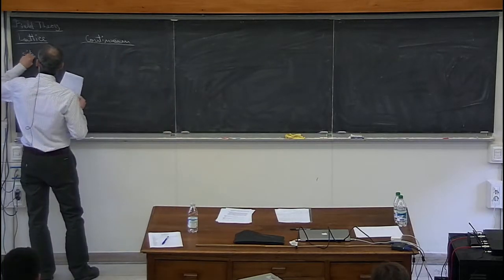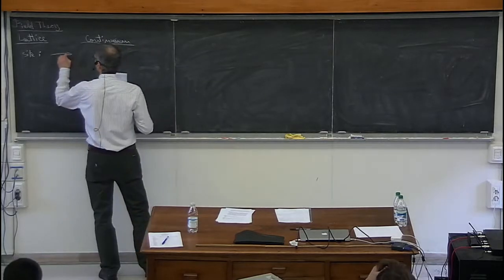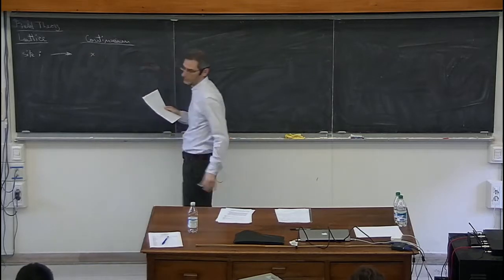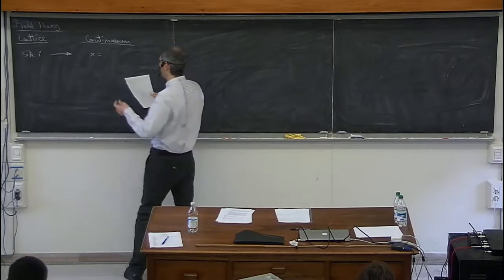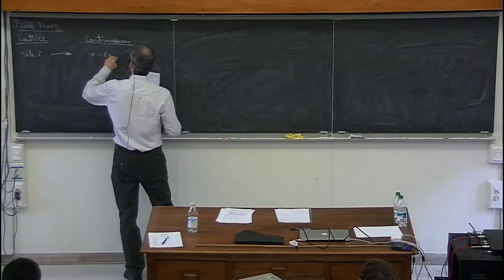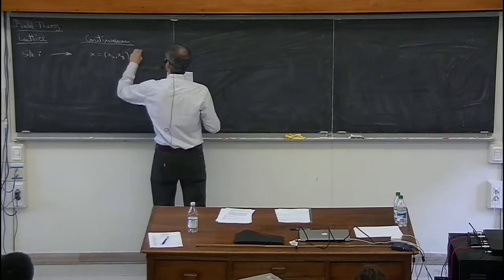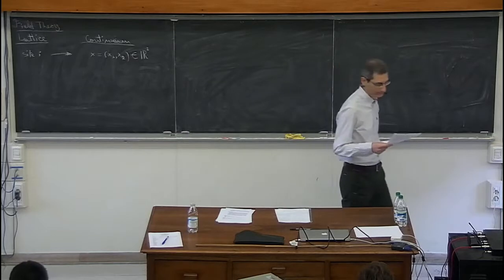So to a site i on the lattice will correspond a point x in the continuum. And the continuum for us, we are in 2 dimensions, so it will be a point with coordinates x1, x2 in the 2-dimensional Euclidean plane.